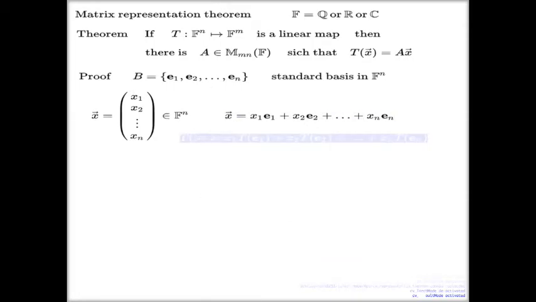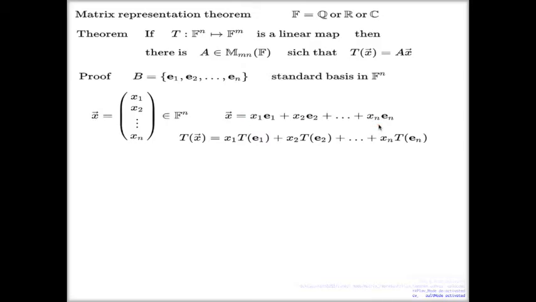So what I will do now, I just say this: if I now compute T of x, given that T is a linear map, that's the assumption. That's the place where we use this assumption that T is a linear map. It's not going to work for any other maps. That's the linearity. We can apply T individually to every element of my basis and then combine them with the same coefficients, x1, x2, xn. This is just linearity.